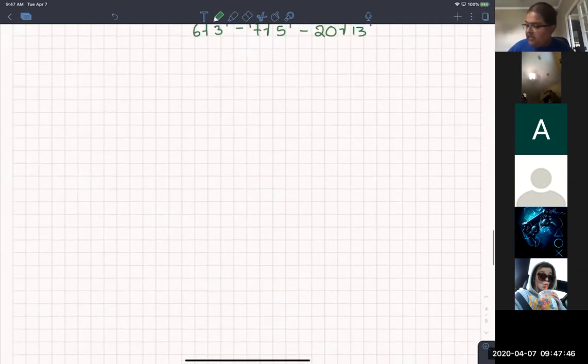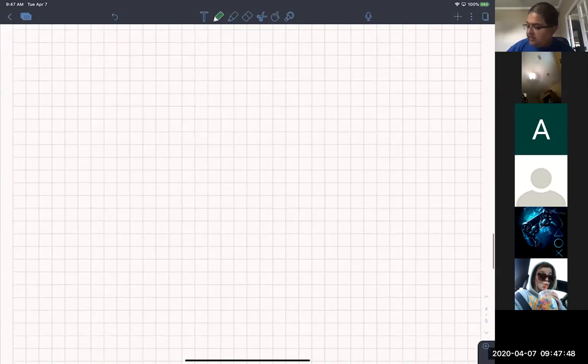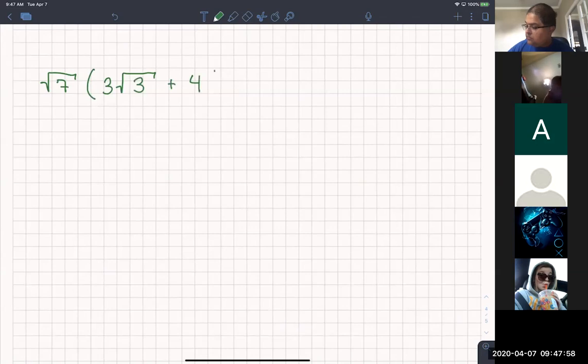Okay, so let's say, for example, I have something like this. How do I do that? Don't you distribute? Yeah, you just distribute. Remember, when you multiply, the stuff outside the radicals gets multiplied and the stuff inside the radicals gets multiplied.